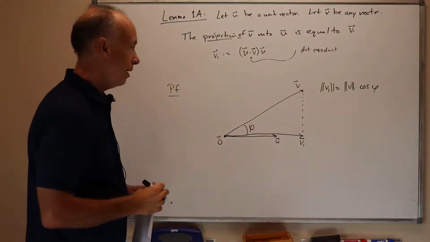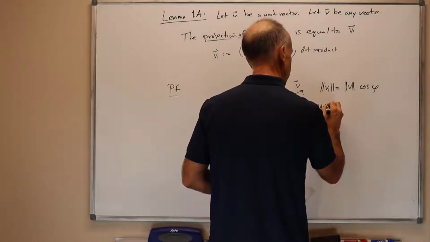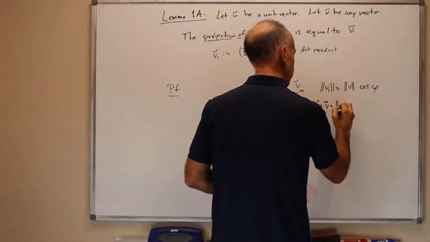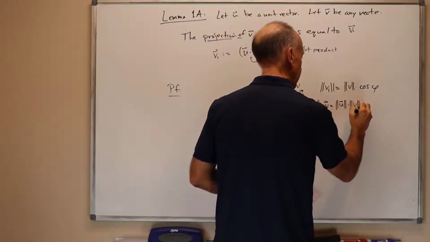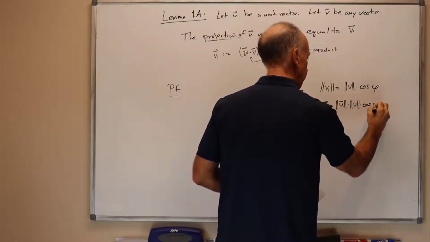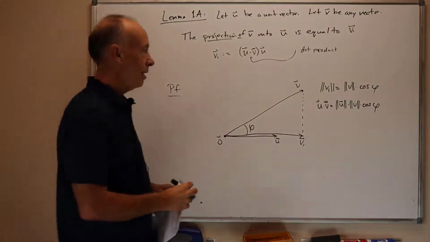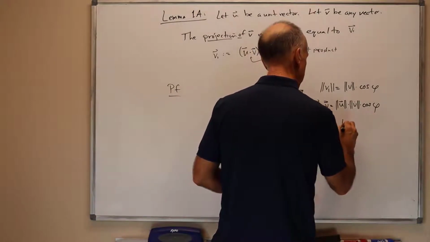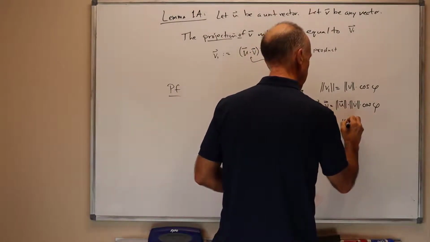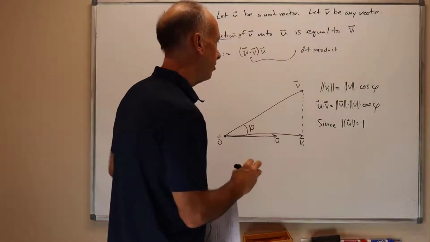Okay? And on the other hand, we know that u dot v is equal to the length of u times the length of v times cosine of phi, from our earlier knowledge of dot products. And we have that the length of u is 1. Minor correction here.